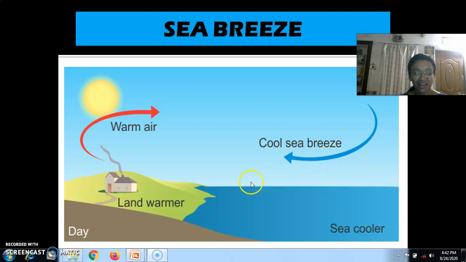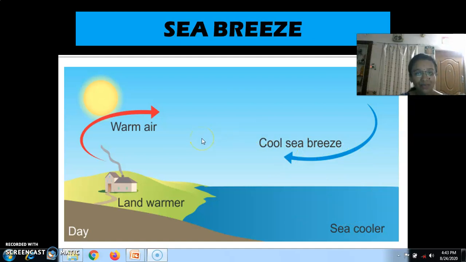Are you clear, children? Sea breeze takes place during daytime. During daytime, land gets heated up faster than the sea. So the air above the land also gets hotter, while the air above the sea stays cool.